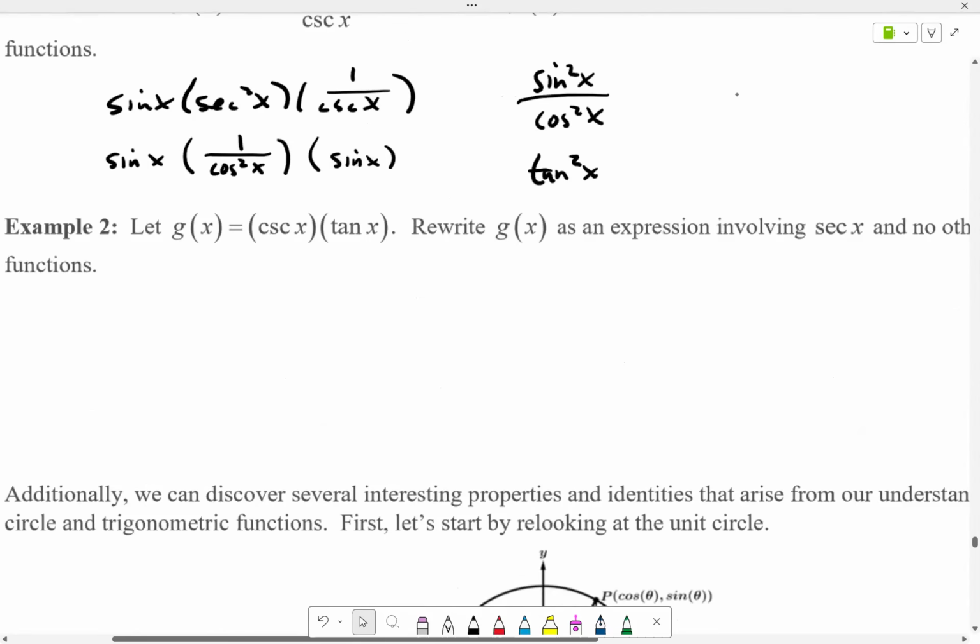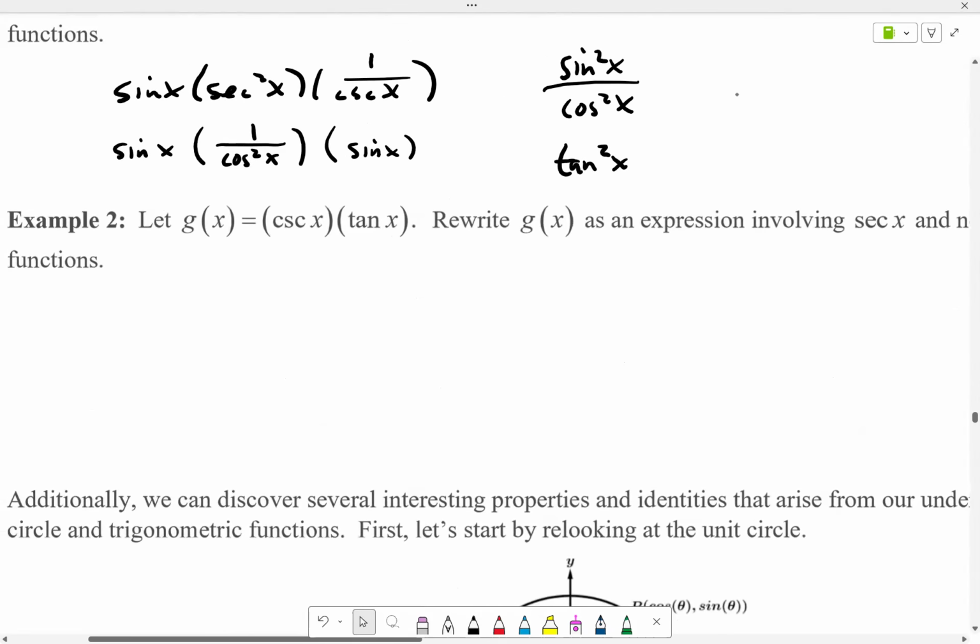Okay, this one is pretty tricky. Let's see if we could do this. Oh, it's not tricky.